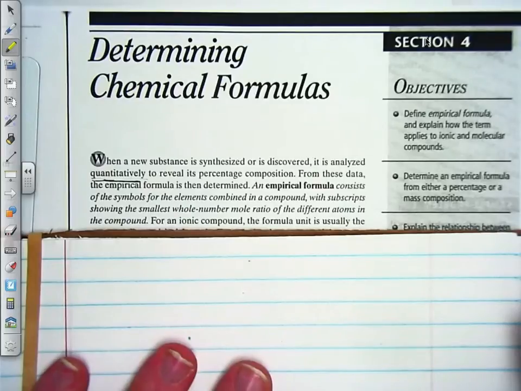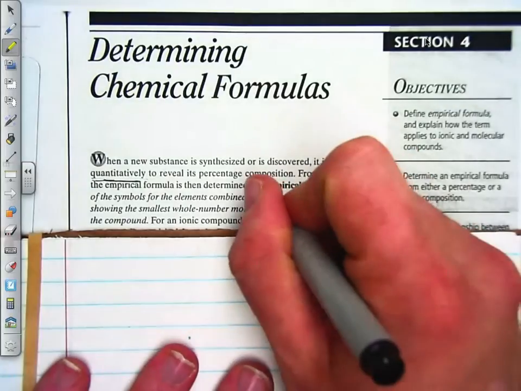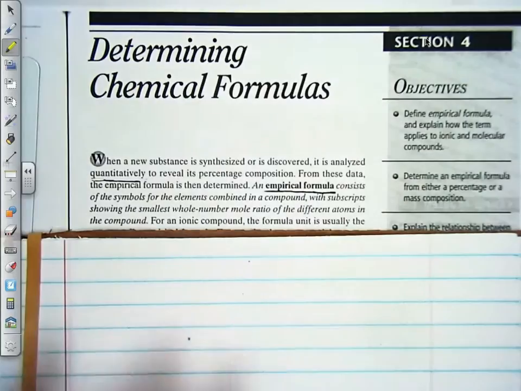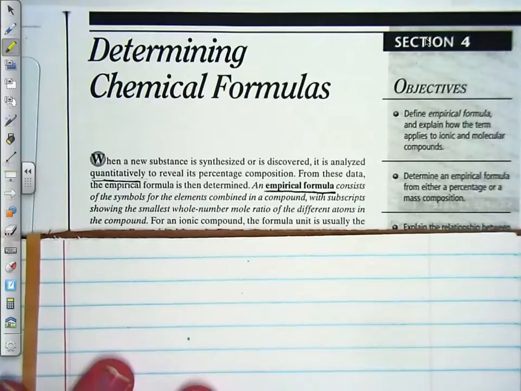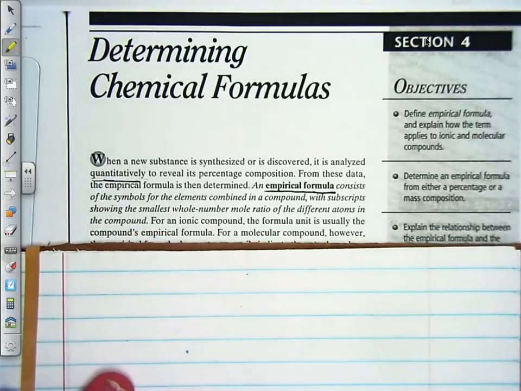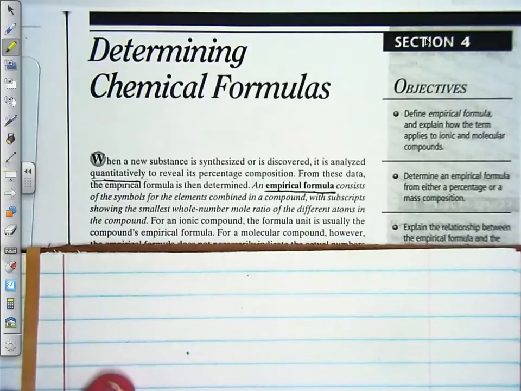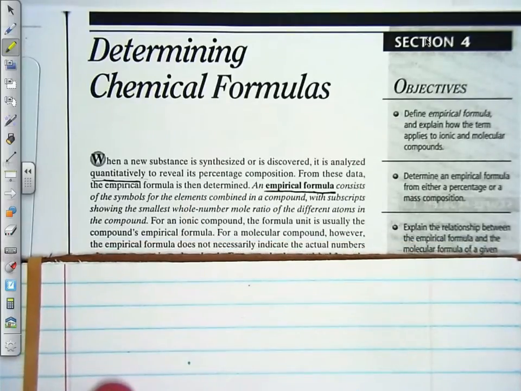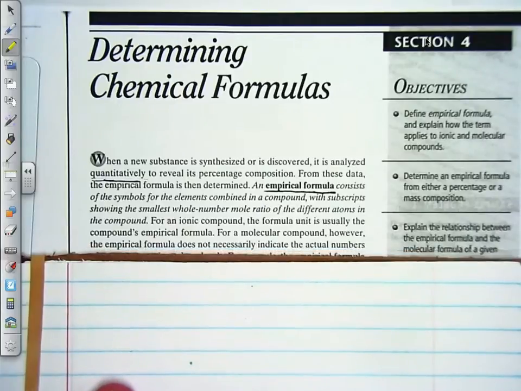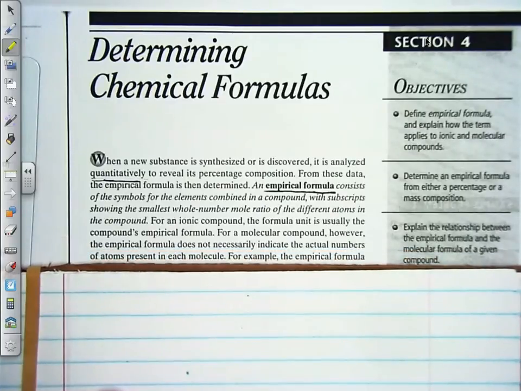For an ionic compound, and this is a vocabulary word, before you write it all down, let's finish this paragraph so that you can get a better idea of what this means, because it's a long definition. For an ionic compound, the formula unit is usually the compound's empirical formula. For a molecular compound, however, the empirical formula does not necessarily indicate the actual numbers of atoms present in each molecule.